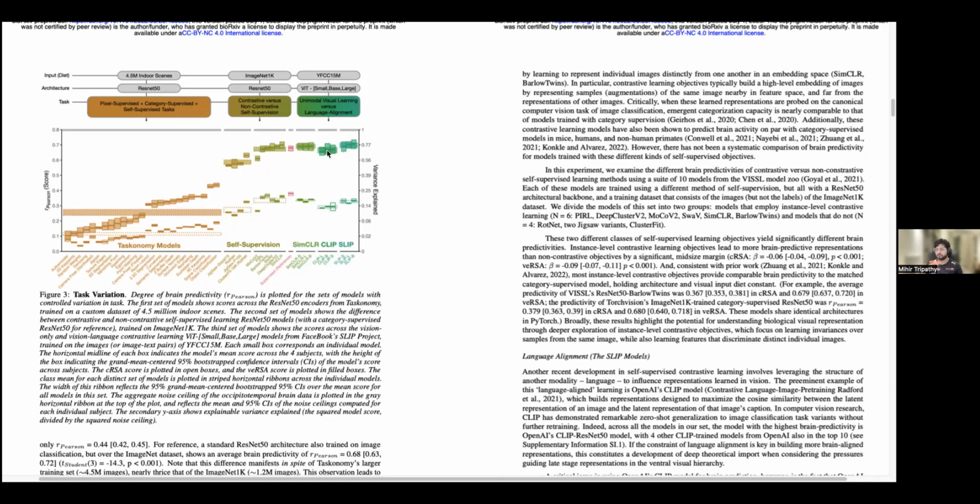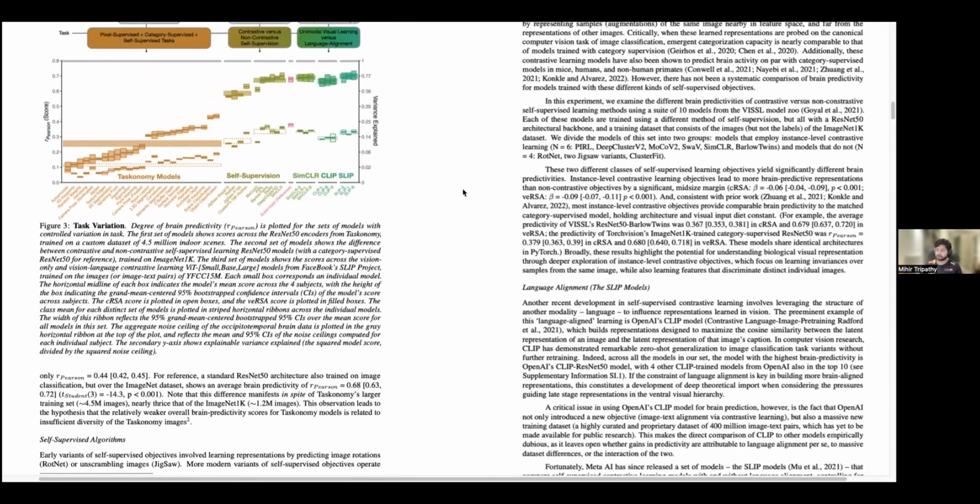But all in all, these self-supervised models achieve the same Pearson scores for brain predictivity. Because of that, the authors came to the conclusion that the superior performance of OpenAI's CLIP is not because of the language alignment, and it is mostly because of the private data set that they were trained on. So yet again, another indicator that the data set plays a major role in getting this brain predictivity to work.